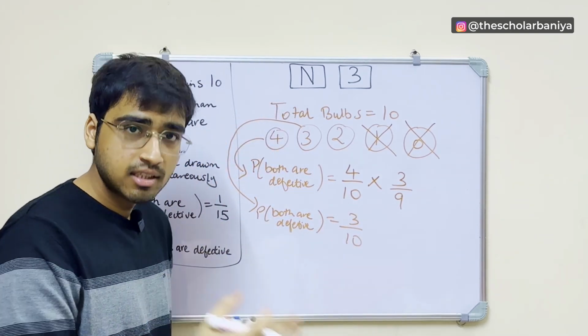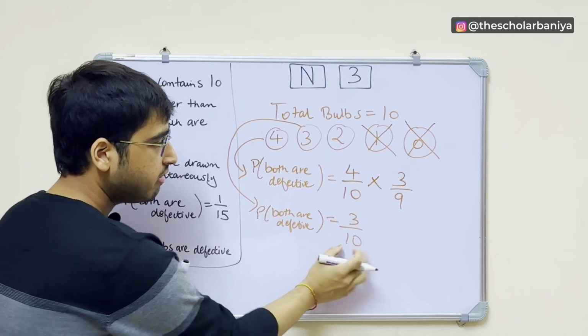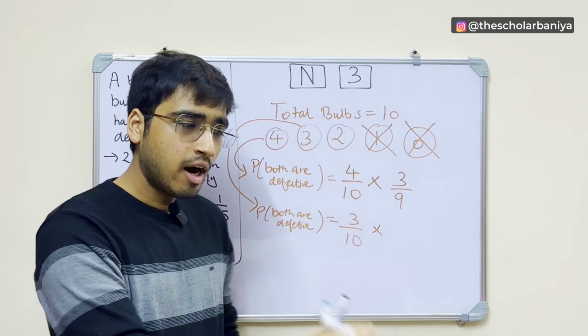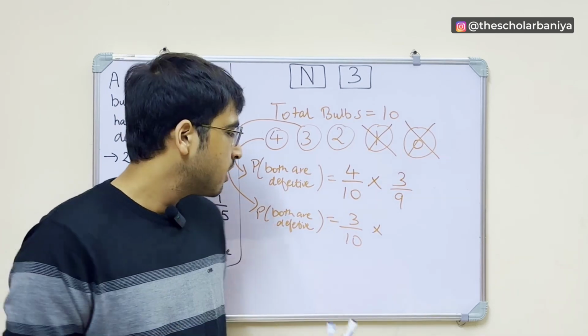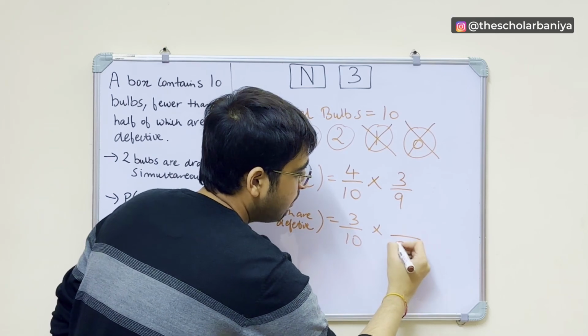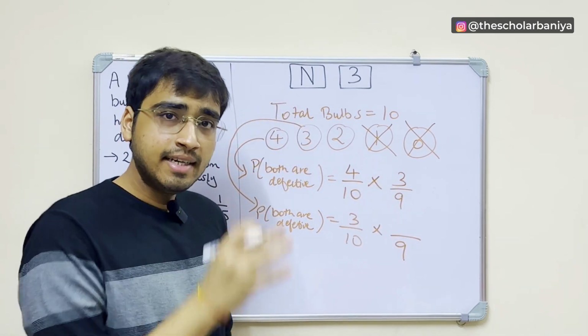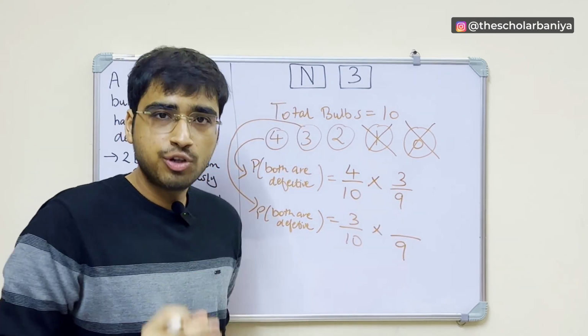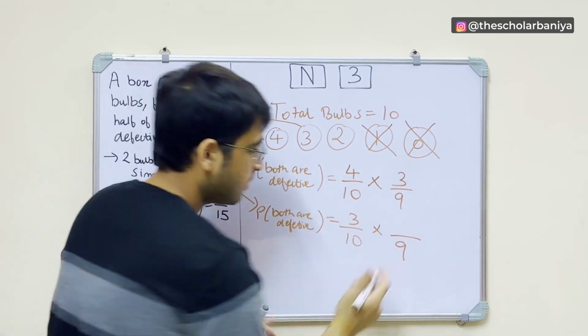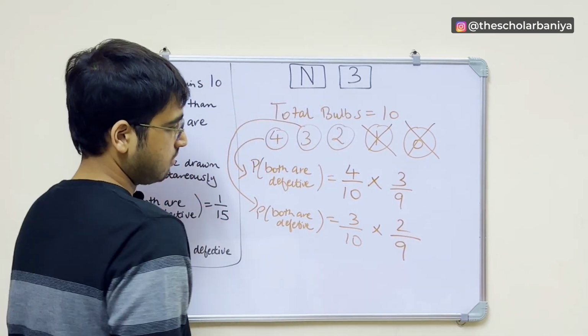Similarly, after we have drawn one bulb, there are 9 bulbs left, and initially there were 3 defective bulbs. So now there will be 2 defective bulbs, because we have drawn one.